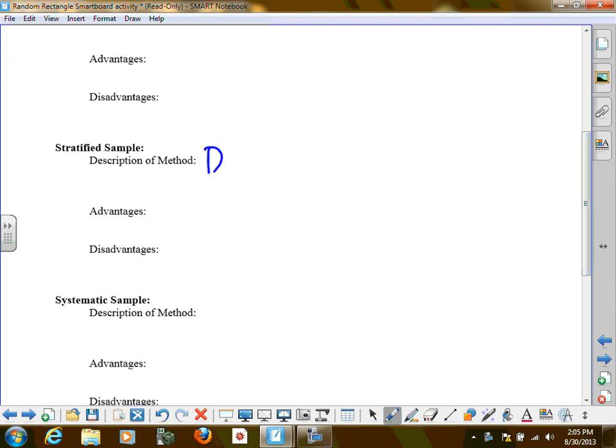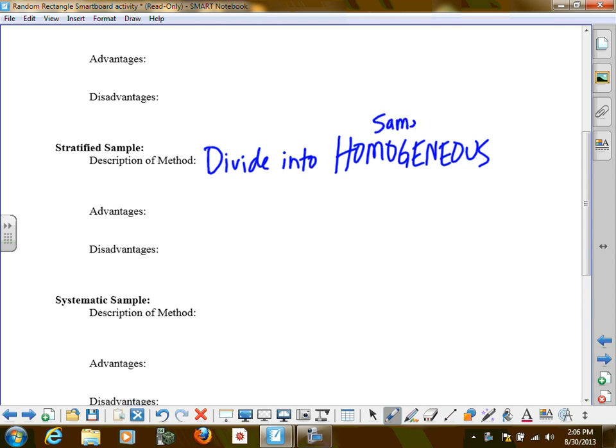So the method is to divide into homogeneous. That's an important vocabulary word that you need to associate with this, which means the same. Divide into homogeneous groups. After you divide into homogeneous groups, then what do you do?